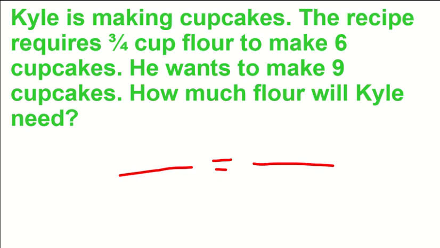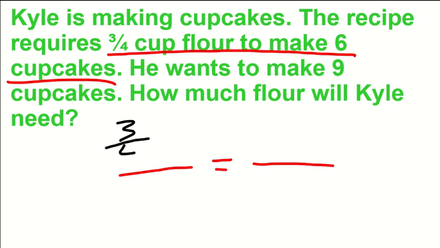Usually they give you a ratio. It's not always going to say the ratio exactly, like with the 2 dots, it could, but not always. So we've got 3/4 cup of flour to make 6 cupcakes. That's our ratio, so we put that on one side of our proportion.